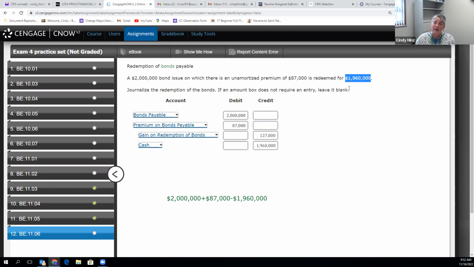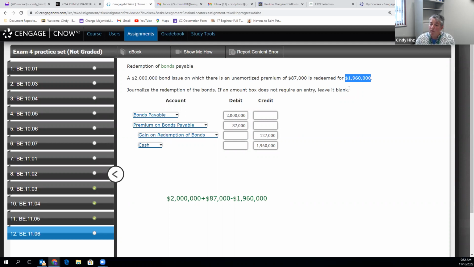The bond price must have fallen, which we know means that interest rates must have increased. If interest rates increased, our bond that was pretty attractive is no longer as attractive. People can get a higher interest rate by buying someone else's bond, so ours doesn't look as good, and that makes the price fall. I'm simplifying, but hopefully you get the idea.